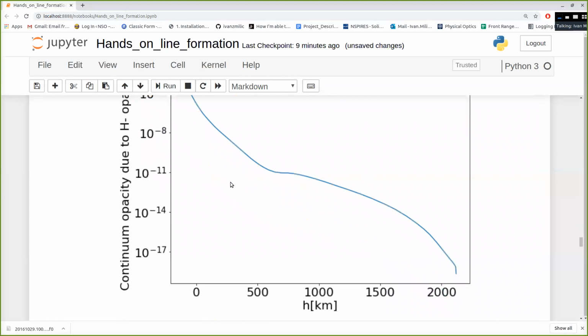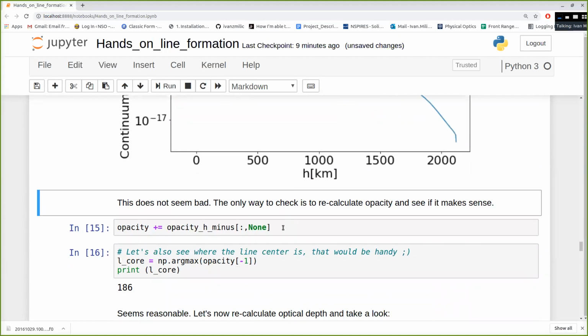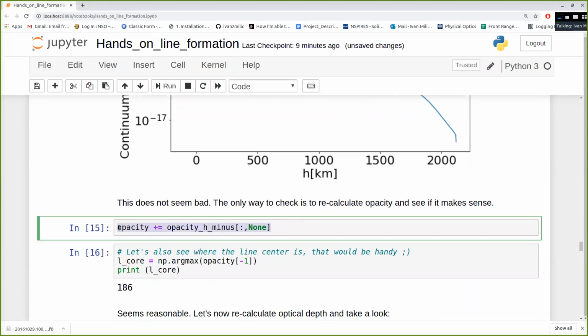So let's now add this opacity to the opacity of the line and see what comes up. I'm adding them, and I'm using this particular way of casting these arrays because it allows me to add this array, which has dimension only 57, or ND if you want, a 1D array, to the 2D array.